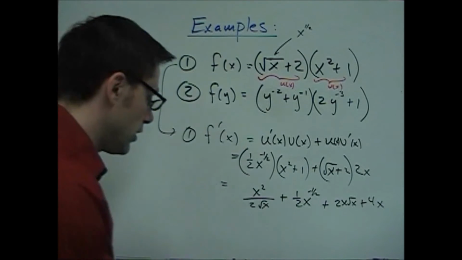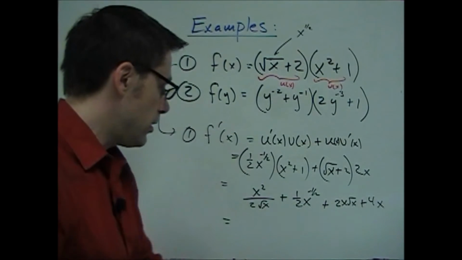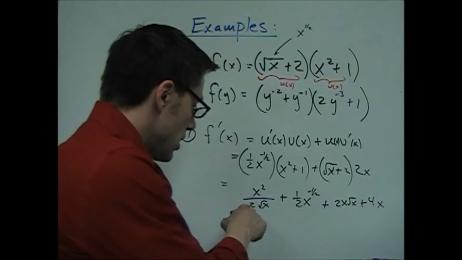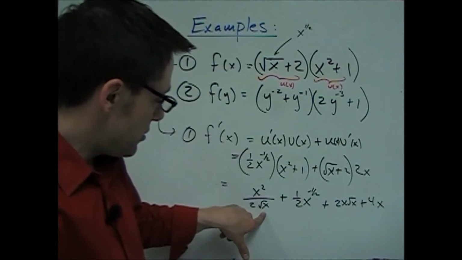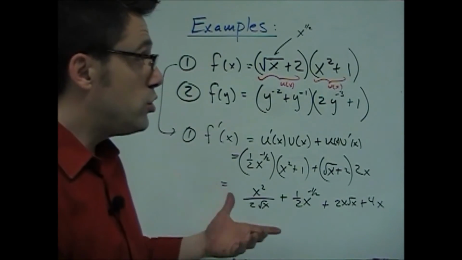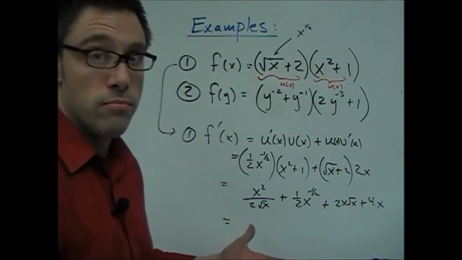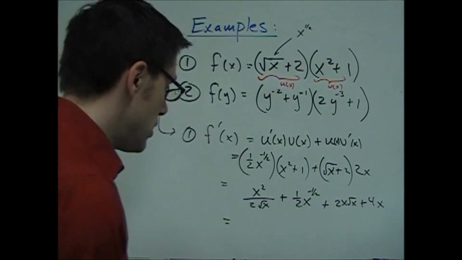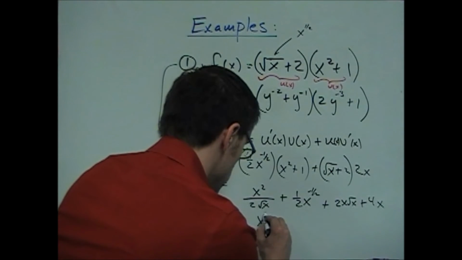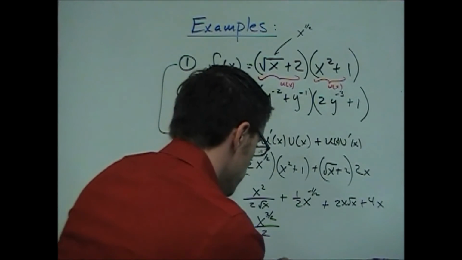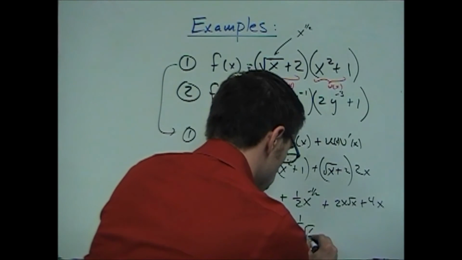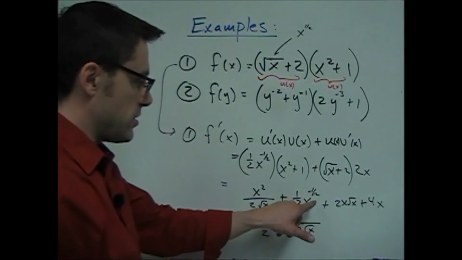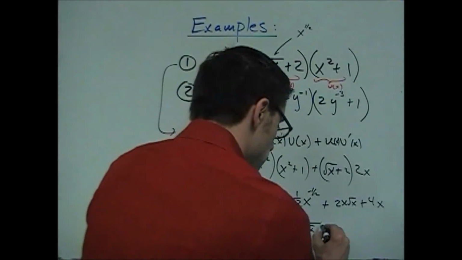And we can simplify a little further to get these things into single powers of x. Of course, this is the same thing as, remember this is downstairs, so this is like a minus 1/2. So 2 minus 1/2 is what? 3/2, right? So this is going to be x to the 3/2 power over 2 plus, well, we can leave this as 1 over 2 root x. Sometimes it's nice to get rid of the negative exponents.